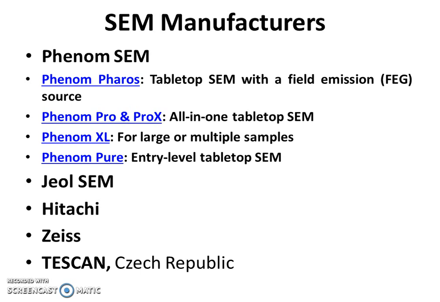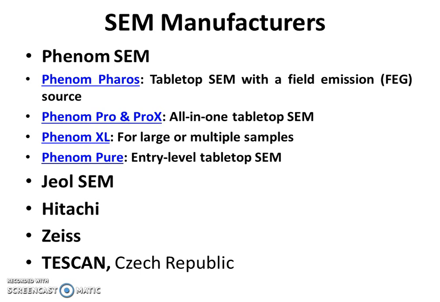Phenom Pro and Phenom ProX are all-in-one tabletop SEMs, the most popular models of Phenom. Phenom Axel is used for large or multiple samples. Phenom Pure is the entry level, the basic tabletop model of SEM, which is launched by Phenom.